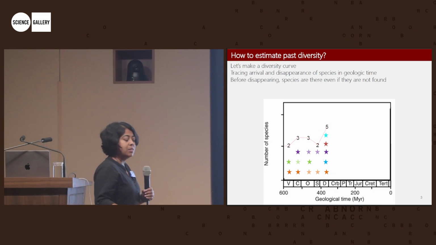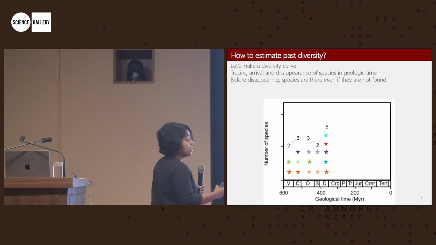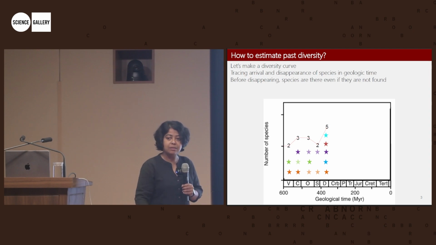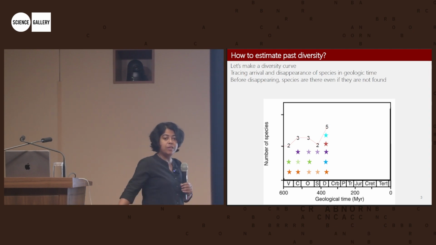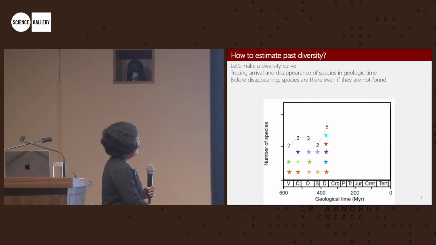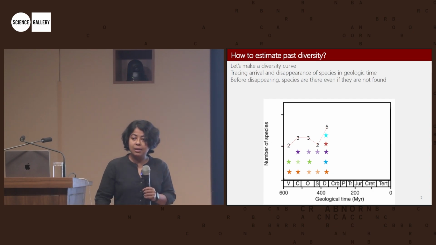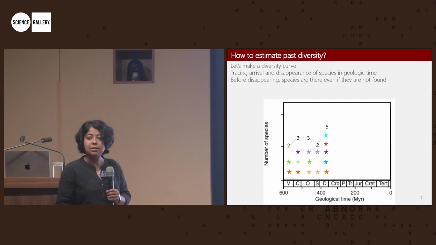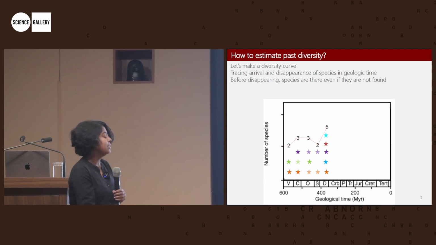And all of these, once taken care of, you can start counting numbers. And I think we can actually start counting numbers right here, that this time V corresponds to 2 species, right? What about time C? I think now we can come up with the number that it's 3, right?